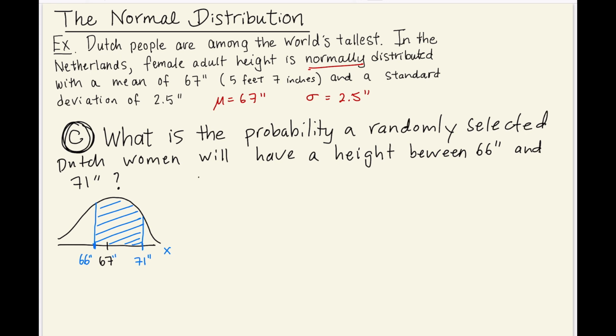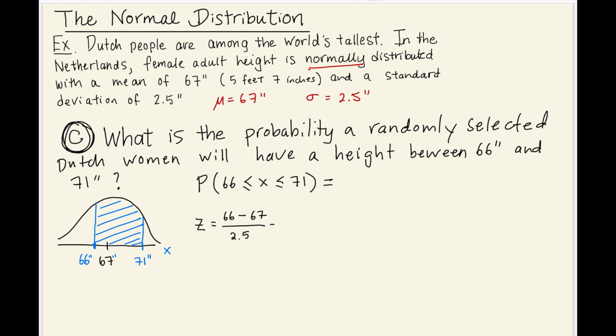Okay, writing that in probability notation, we have, what is the probability that a randomly selected woman is going to have a height between 66 and 71 inches. And so let's calculate our z-scores down here. Z is equal to, remember, the height should go first and then the mean.